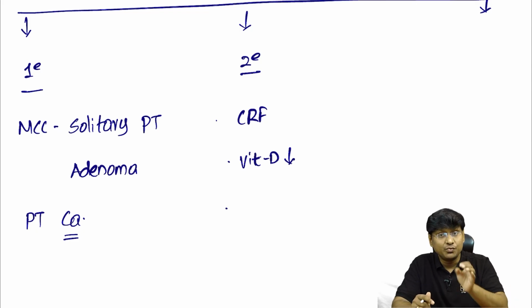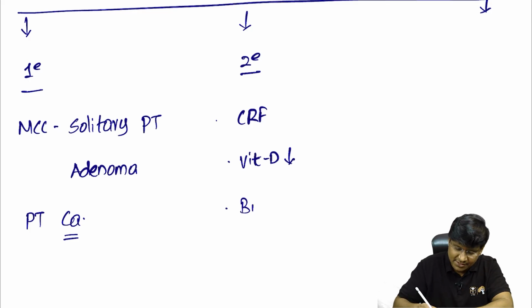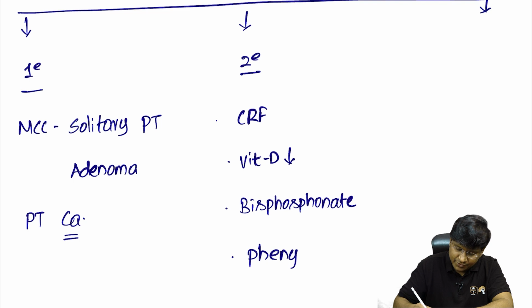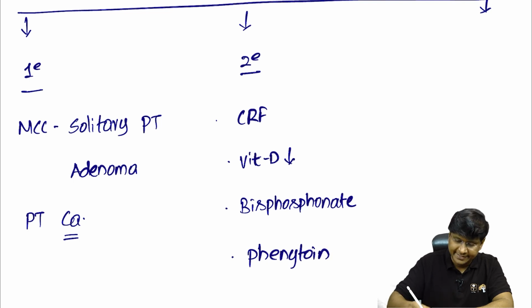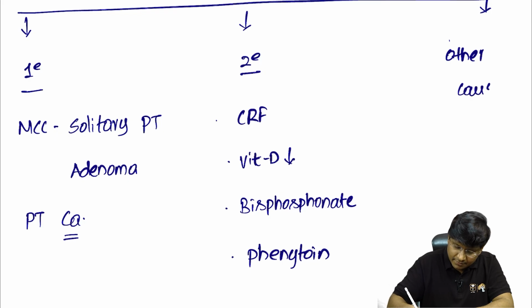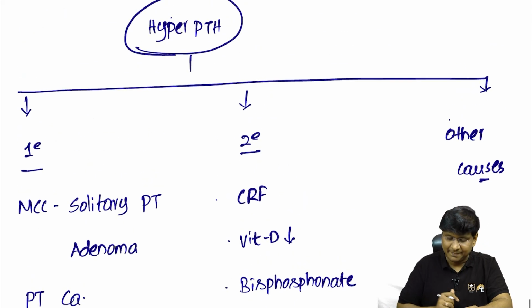The drugs which will reduce the calcium levels, that includes bisphosphonates, and the drugs which will increase vitamin D metabolism and thereby decrease the vitamin D levels, and that includes phenytoin.